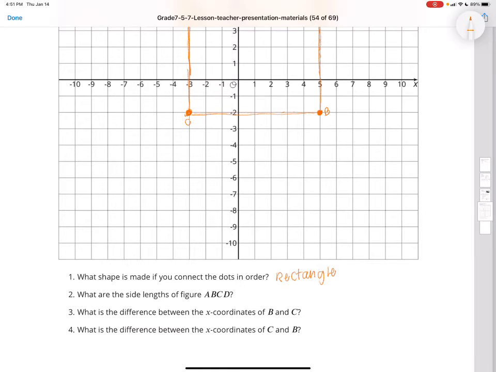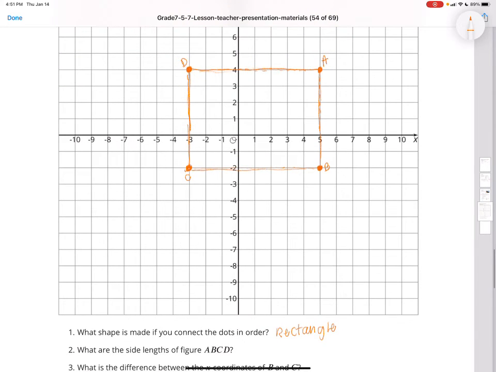All right. And it said, what are the side lengths of figure A, B, C, D? So let's count. All right. So 1, 2, 3, 4, 5, 6. So this side is 6 units. And that's the height. Let's count the base.